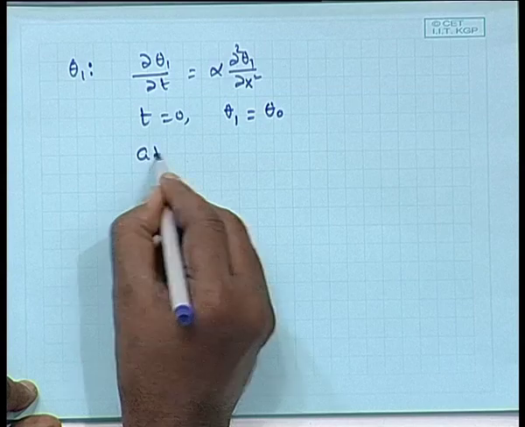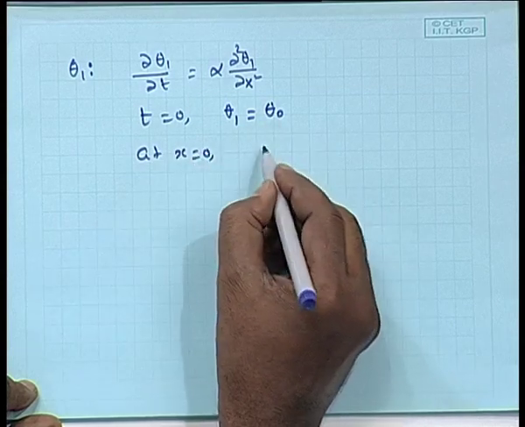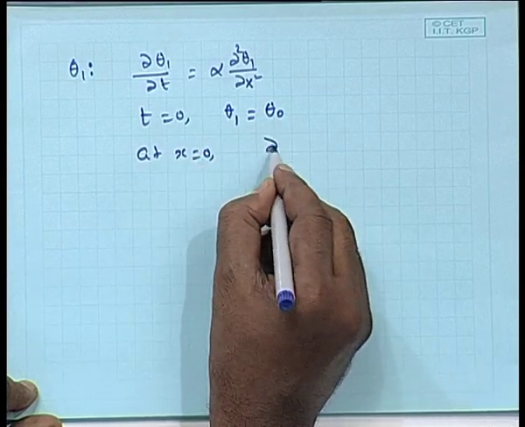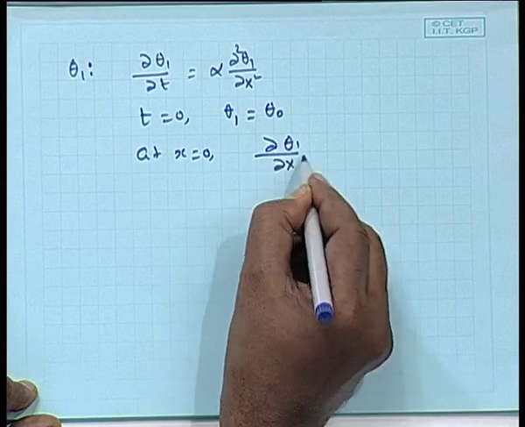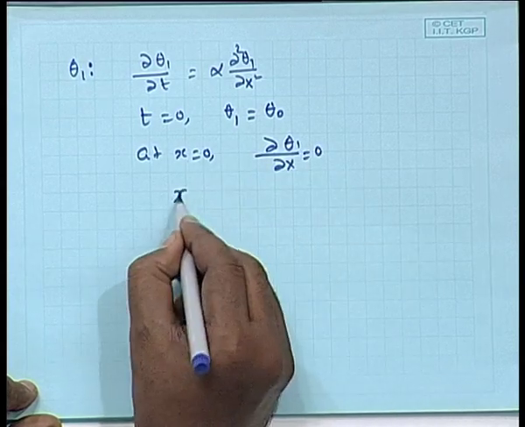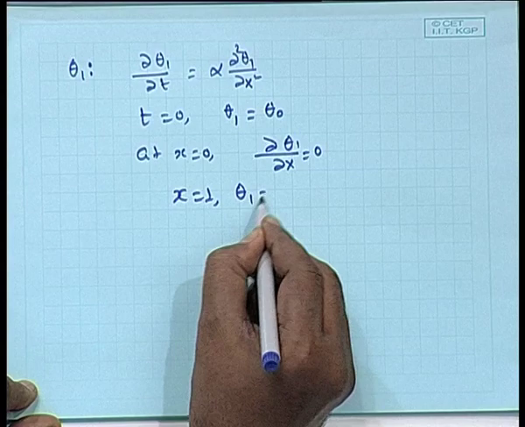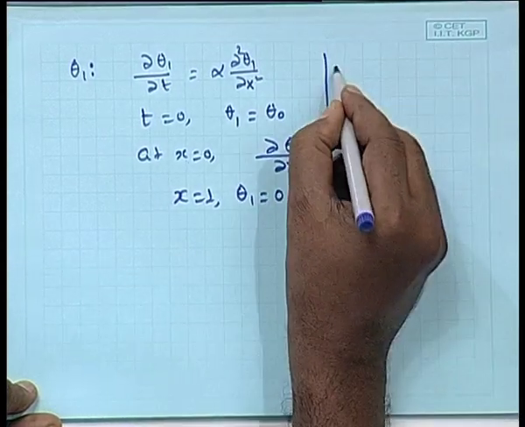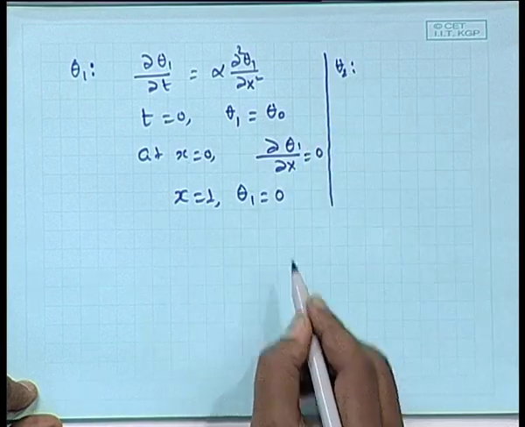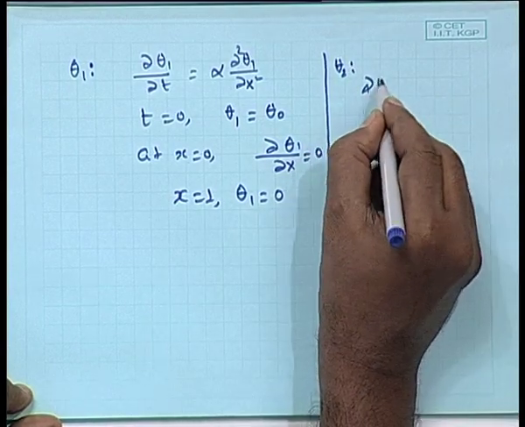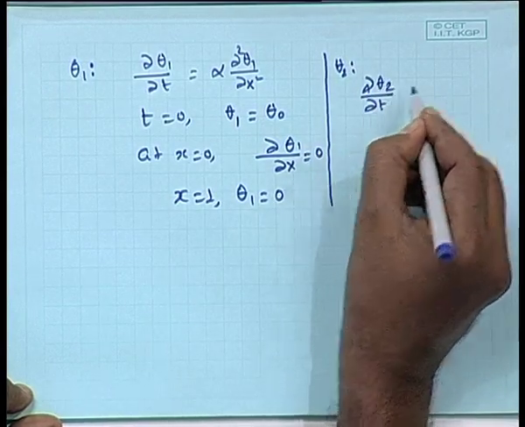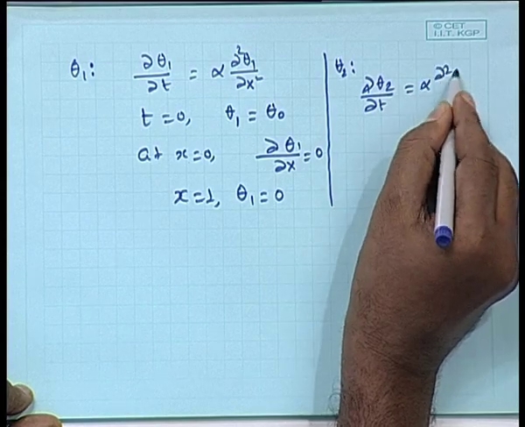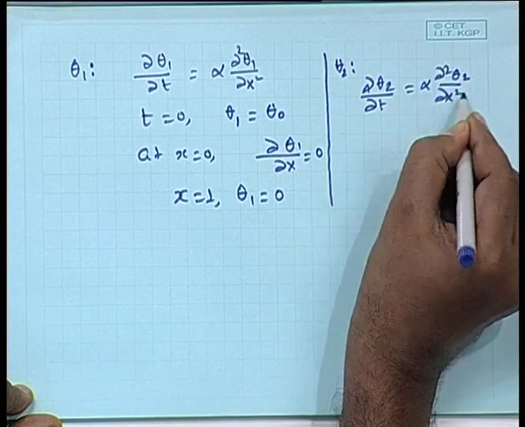Okay. That means at x equal to 0, you are having del theta 1 del x equal to 0, and at x equal to 1, you are having theta 1 equal to 0. Let us construct theta 2. Del theta 2 del t is alpha del square theta 2 del x square.